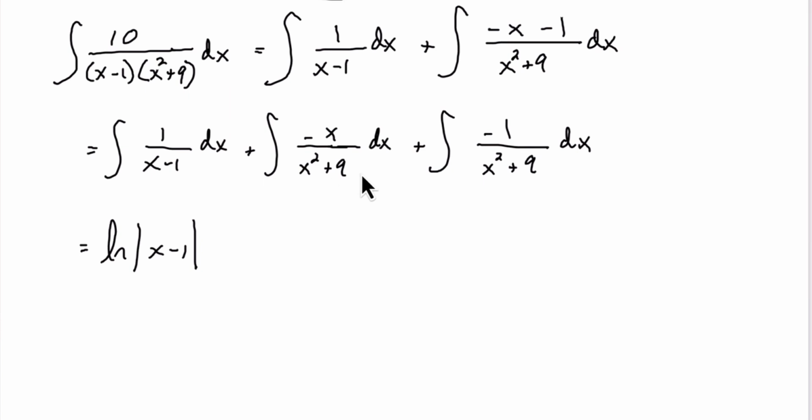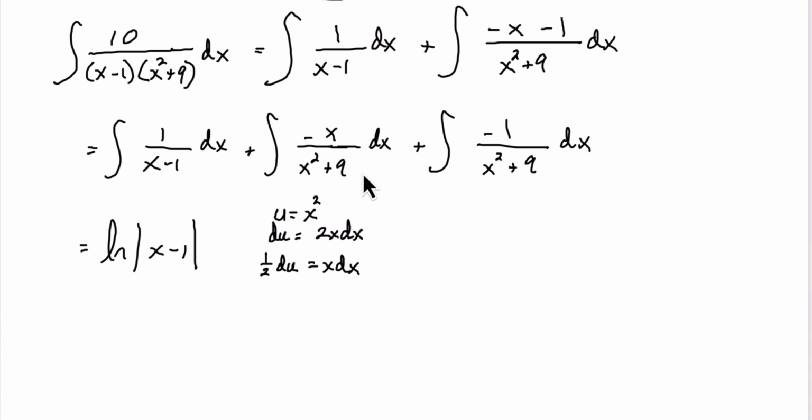Notice that this integral is also going to be a natural log, but it may not be quite as obvious at first. So let's do a u substitution. If we let u be x squared, then du is 2x dx. Notice 2 doesn't occur in that problem, so we'll divide by 2. We have 1/2 du equals x dx.